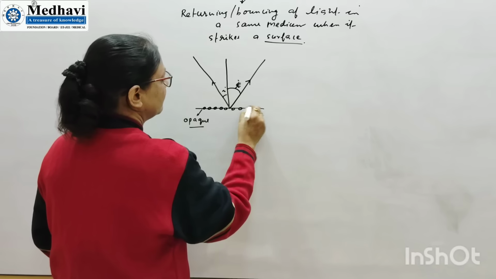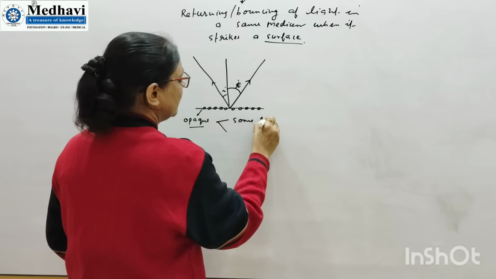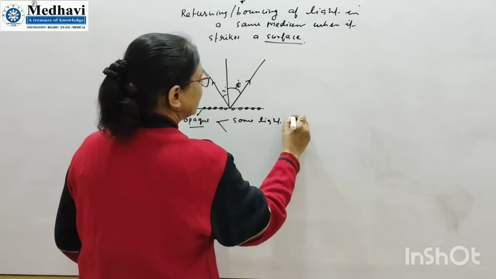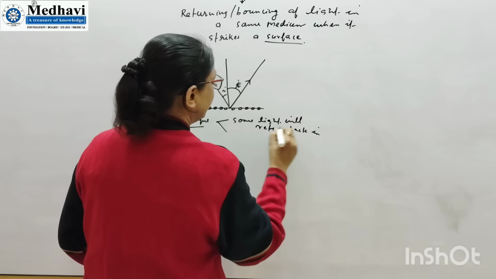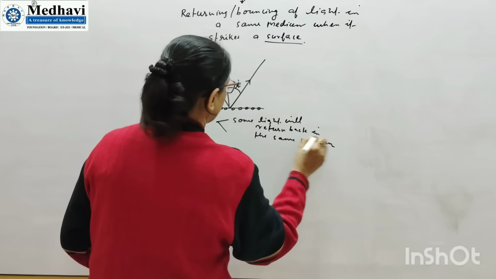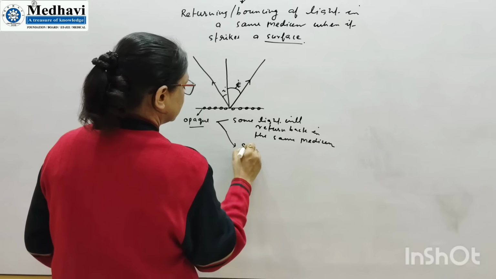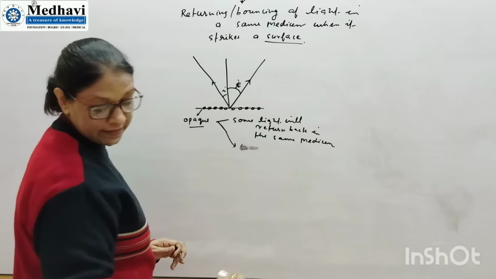A very important part. For opaque, some light will return back in the same medium, and the remaining part of the light is absorbed by the surface. A very important point for the opaque surface. The remaining part will be absorbed.